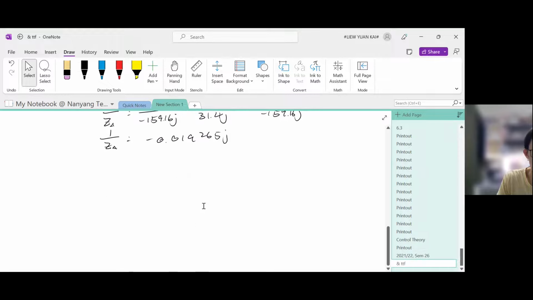Then you solve for ZA, so ZA will be 1 over this, which gives you 51.9 J.